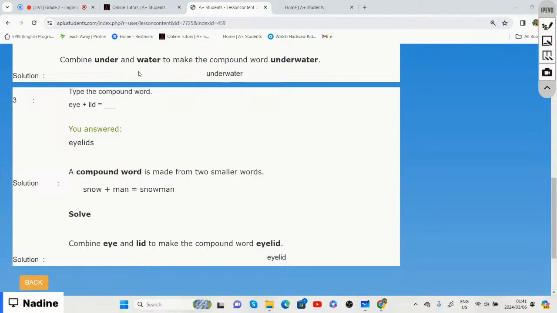Yes. Oh, okay. Eyebrow also. Yes, wonderful. Eyebrows also, which is so correct. Eyebrows, eyelashes, right? Eyelid.